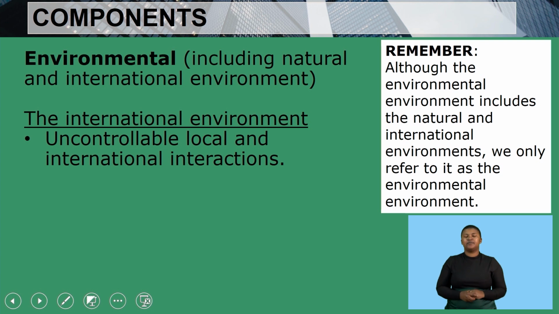So this is usually uncontrollable interactions, which can be found locally and internationally. Think about the riots and looting and the impact it had on businesses. Think about the war in Ukraine and the impact it had on businesses. This is all then classified as international environmental factors, which can impact your business.